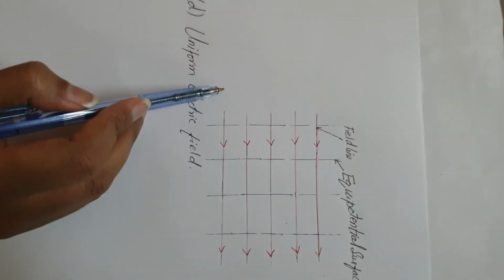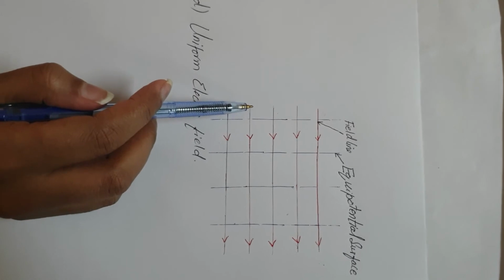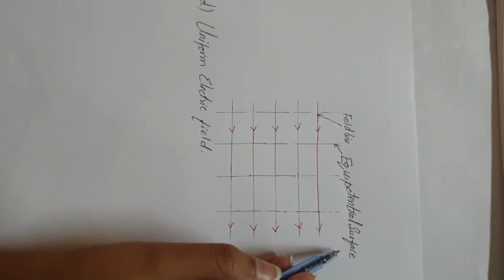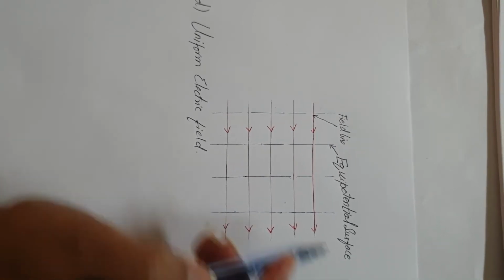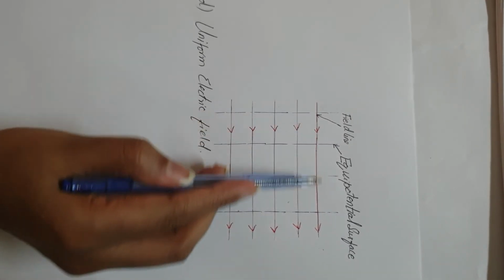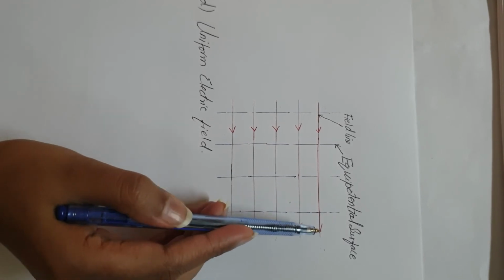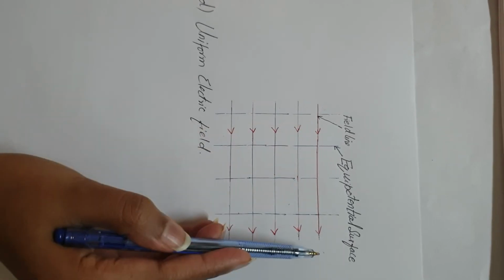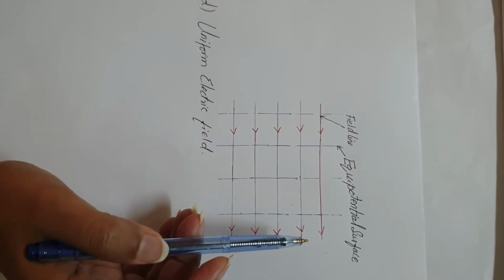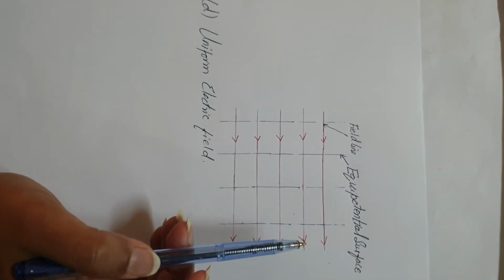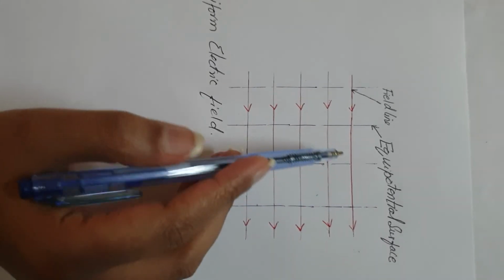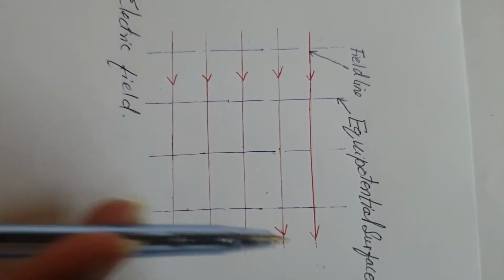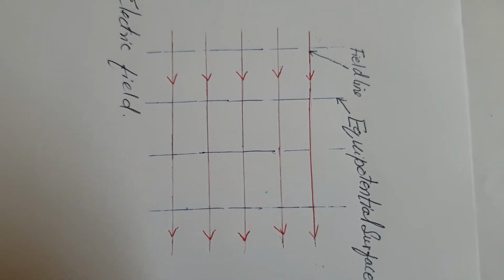So let's suppose here I have a positively charged metal plate, and this side I have a negatively charged metal plate. The field lines will move from positive towards the negative charge because it's a uniform field, so electric field lines are straight, and the equipotential planes are perpendicular to the field lines.